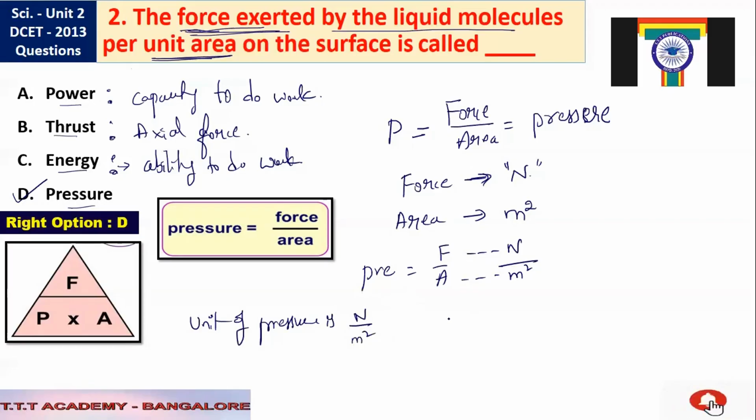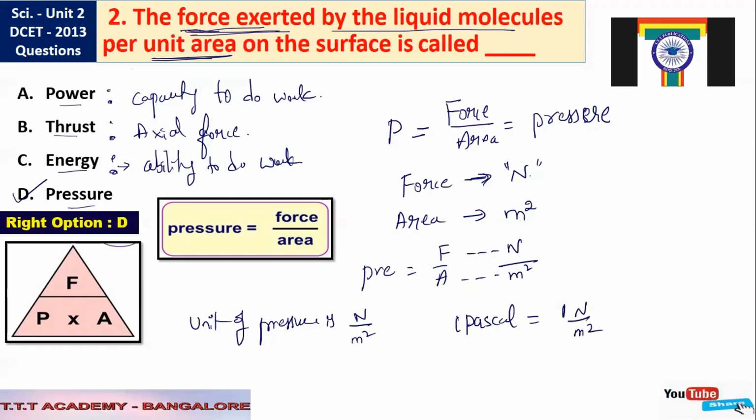There is a scientist who gave the statement of Pascal's law. His name is considered as the Pascal unit of pressure. Pascal is a unit of pressure. That means the same thing we can express as 1 Pascal, which is equal to 1 Newton per meter square.